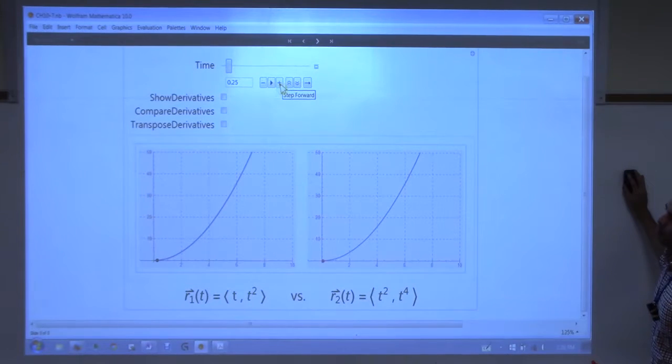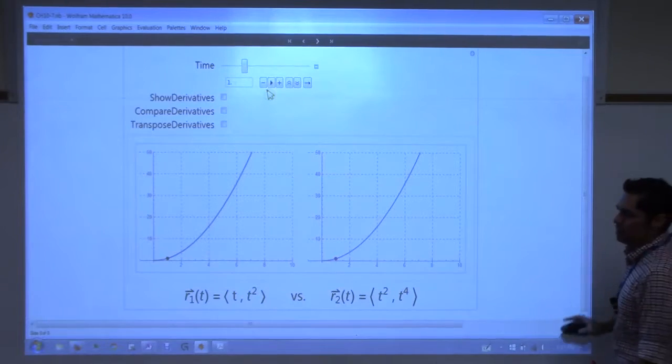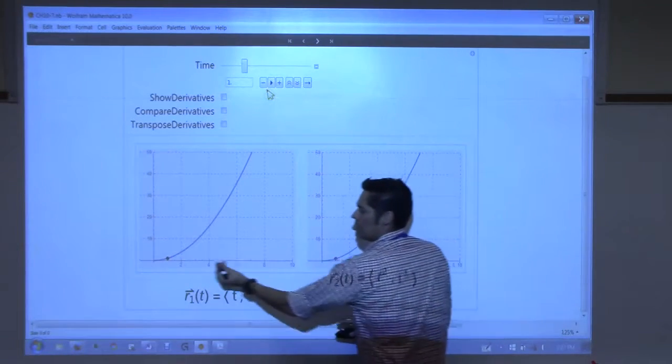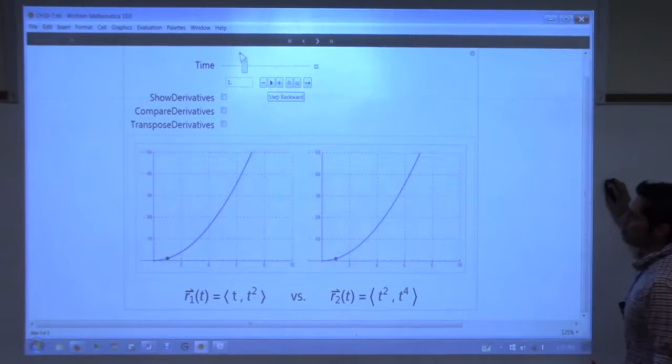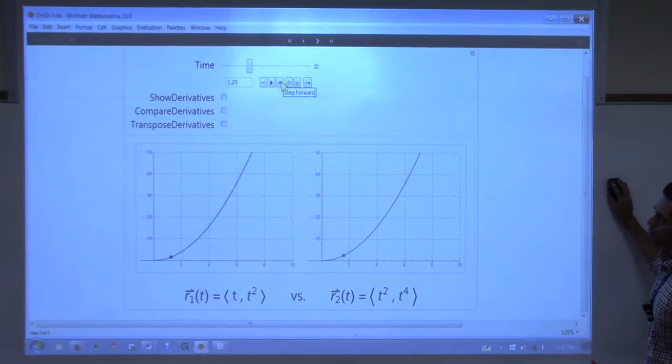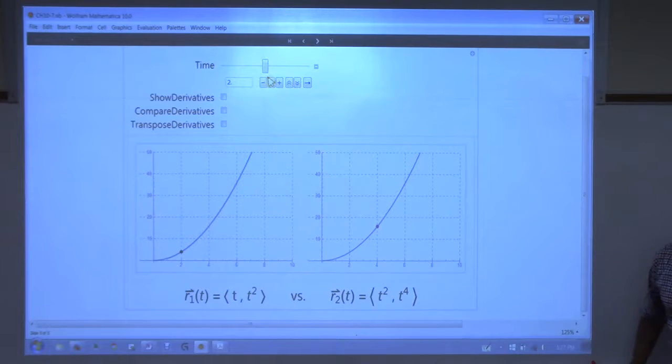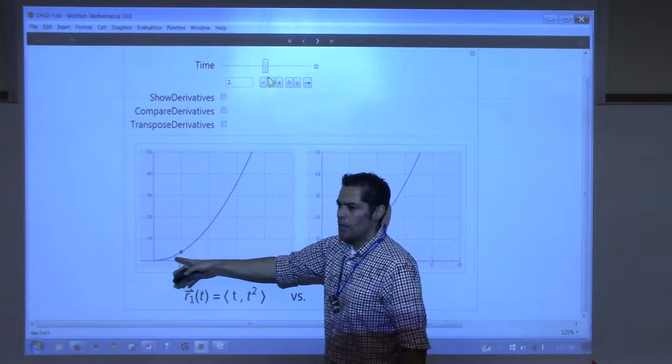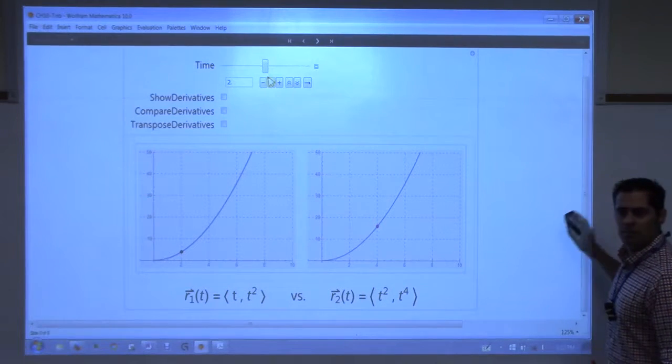Oh, no, it's going to be 0.25. T is now 1. Do they look like they're at the same place? Yes? Okay, let's let t be 2. Oh, okay, so now something changed, right? This one's here and this one's here. But they're drawing the same curve, aren't they?